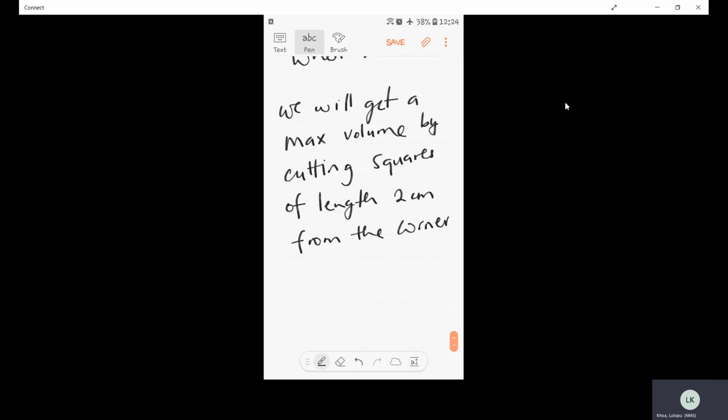Okay, and then you can work out the maximum volume just for interest sake, or in another question where it is asked. We know that the formula for the volume is 160 times x, which is 2, minus 52 times 2 squared, plus 4 times 2 cubed.